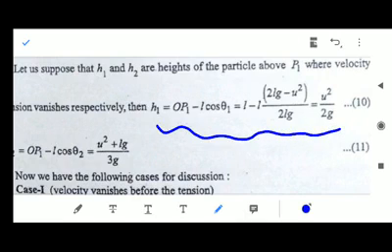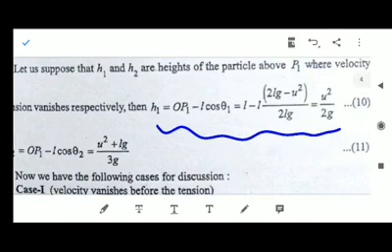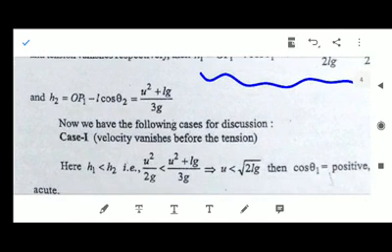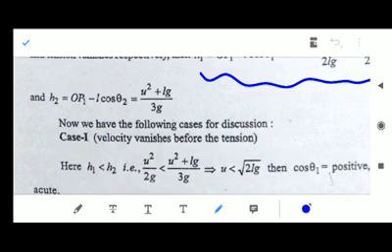It is the height when the velocity of the particle vanishes. Again, same way, when the tension vanishes we have the height h2 is equal to this one.